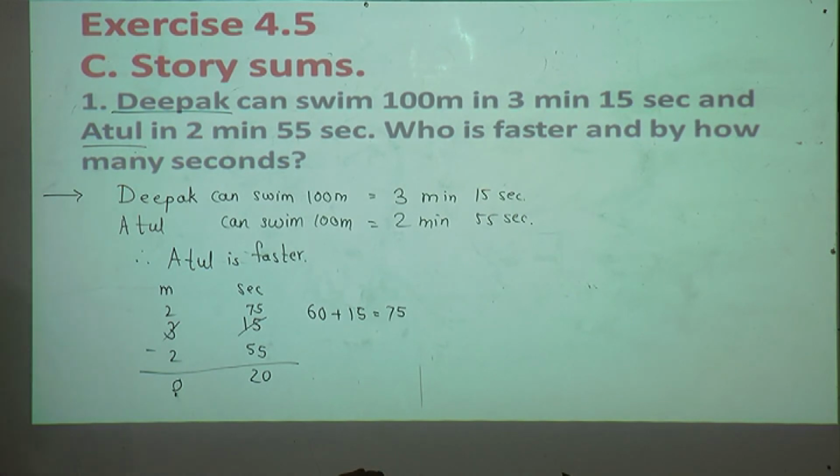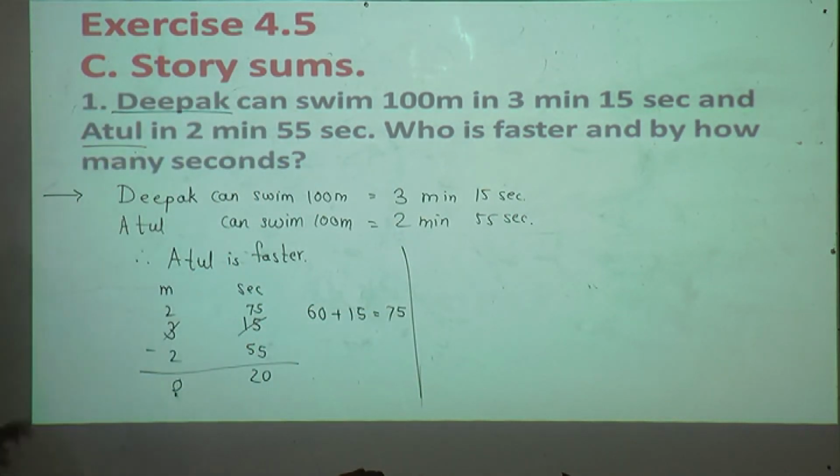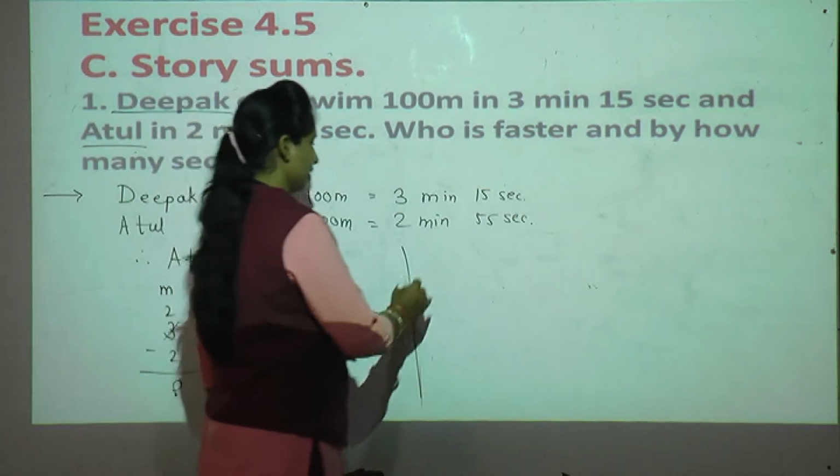So how many seconds faster he is? 20 seconds. So here you have to write the final answer. Here I will write. So what you will write? Atul is faster by 20 seconds.